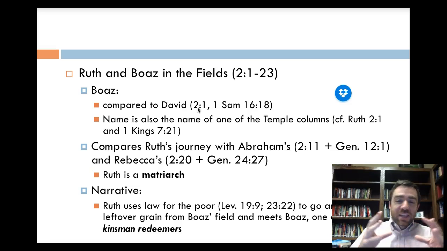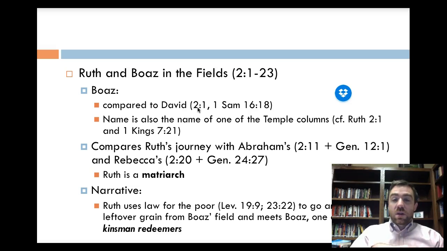This is such a fascinating book. Ruth is a matriarch of Israel in the sense that it is through her that Israel is saved. Israel's born through her, really. I mean, if we think about, they're in exile and they come back and they're restored to the land, and it's David the king from her line.